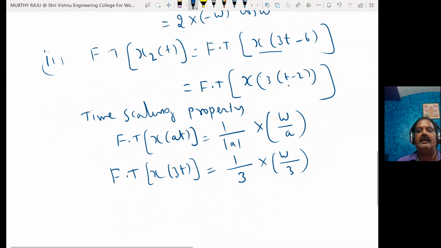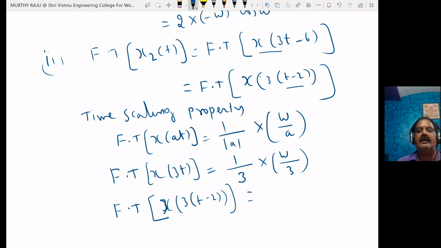Consider this by applying the time shifting property. Therefore, the Fourier transform of x of 3 into t minus 2 is shifted by 2.